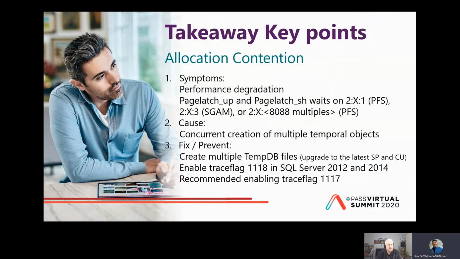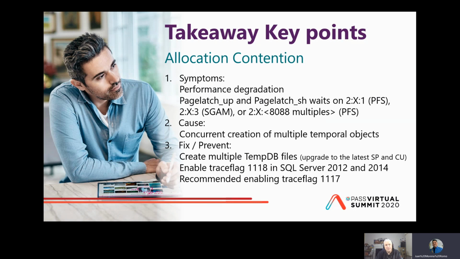So let's give you some key takeaway points. For the allocation contention, what symptoms do we have, Jose Manuel? Well, the most important thing is performance degradation, right, Juan? Exactly. We can also observe page latch waits, page latch of type update and shared, on tempdb resources: the PFS page, SGAM page, GAM page, and also 2:1:1 and 2:8088 multiples that are for PFS.